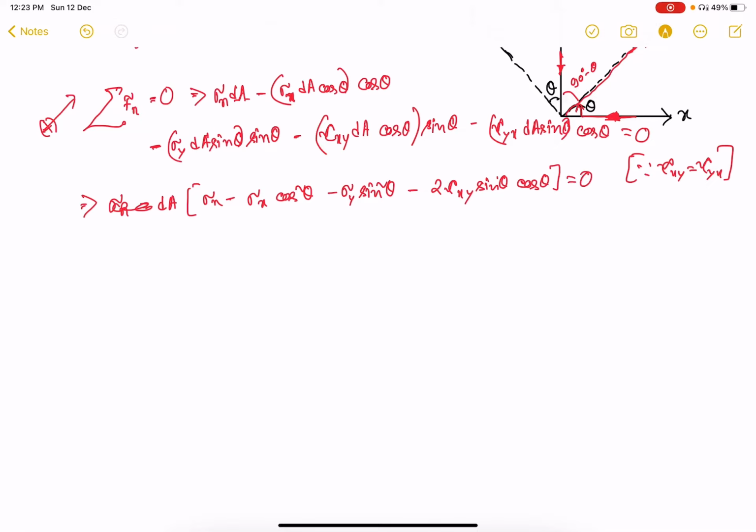If we get a multiplication like that, either this term is 0 or this term is 0. Since dA cannot be 0, this is equal to 0.